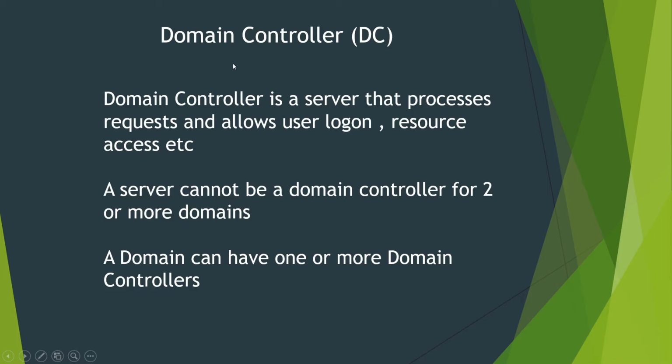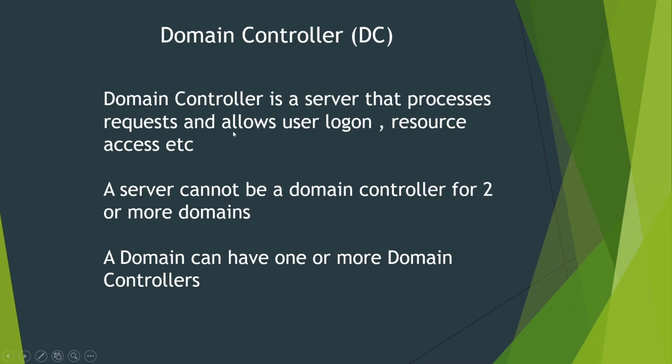Next one we are going to talk about is the domain controller. A domain controller is a server that processes requests from users, allows user logon, resource access, etc. This is the Windows computer. We have installed Windows Server and ADDS services in the previous video. We also clicked on promote this server to domain controller. We did this, so that VM will act as a domain controller.